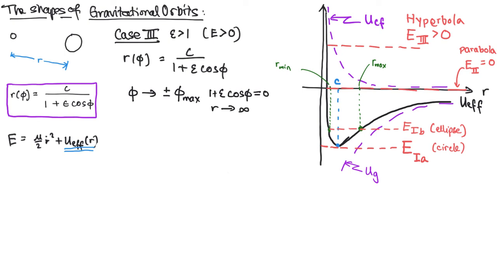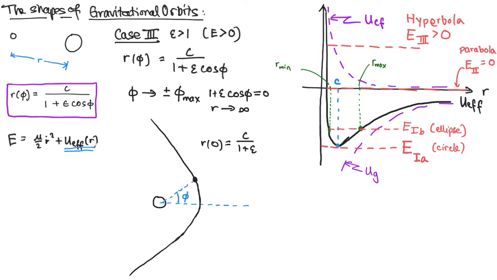If we think about this problem graphically, we have, as before, our two masses. We'll have a closest approach, like so. And we've defined our angle phi, same as before. And so we still have r at phi equals 0 is c over 1 plus epsilon.